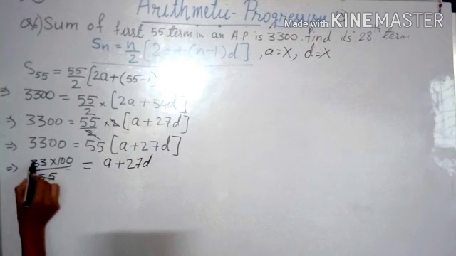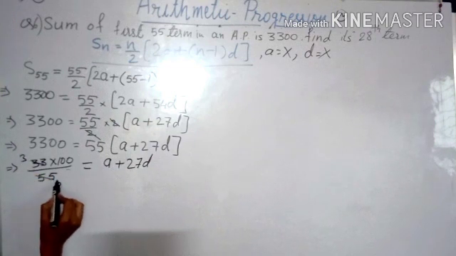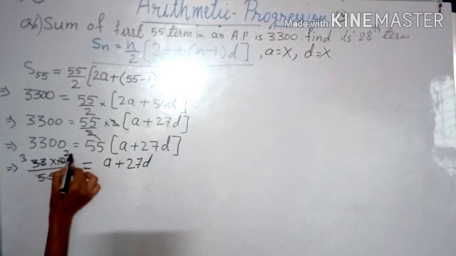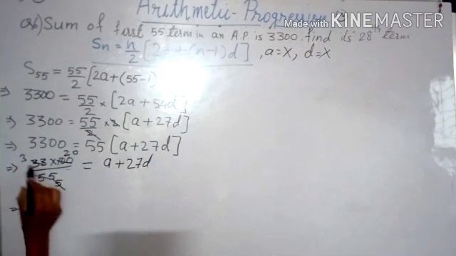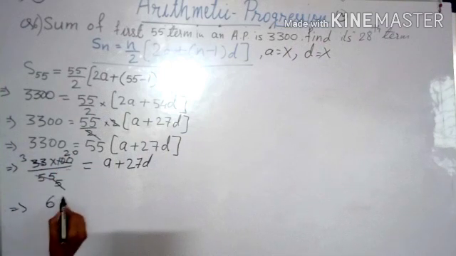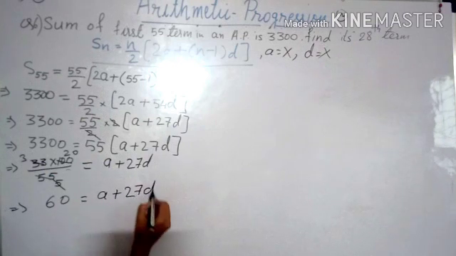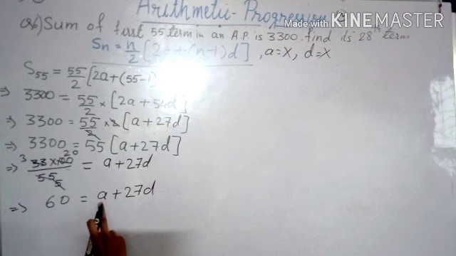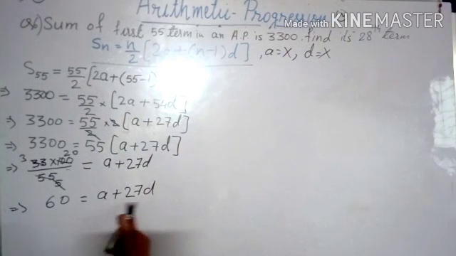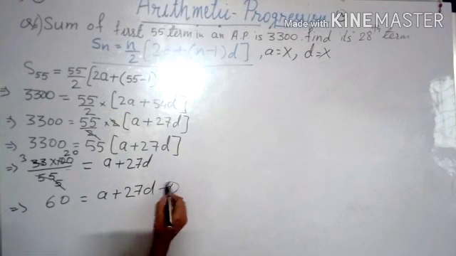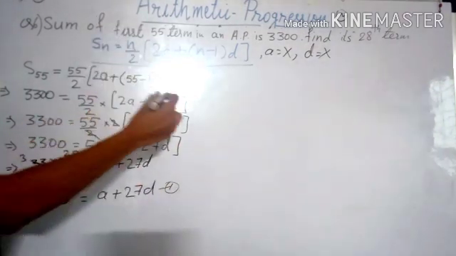Now this is 3 divided by 11, this is 5, this is 20. Now this will become 60 is equal to a plus 27d. Now two unknowns are there. If it is a, we would have solved it. If it is d, we would have solved it. Now two unknowns are there, so let it be like this for this numerical.